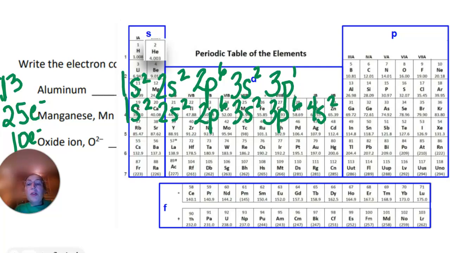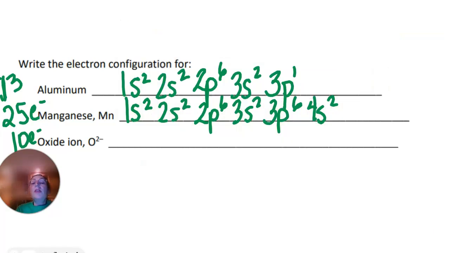After we fill the 4s, we actually go down to the 3d. And manganese is not going to fill the whole 3d. So we won't want the whole thing filled. Right now we're at 2 and 2 is 4 and 6 is 10. 2 more is 12. 6 more is 18. 2 more is 19, 20.